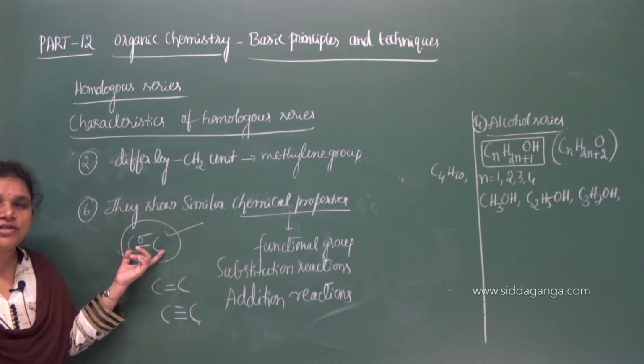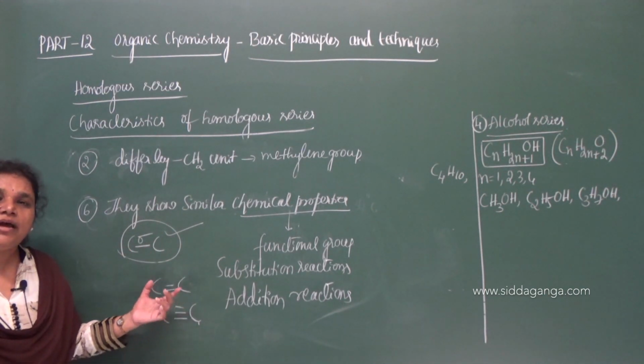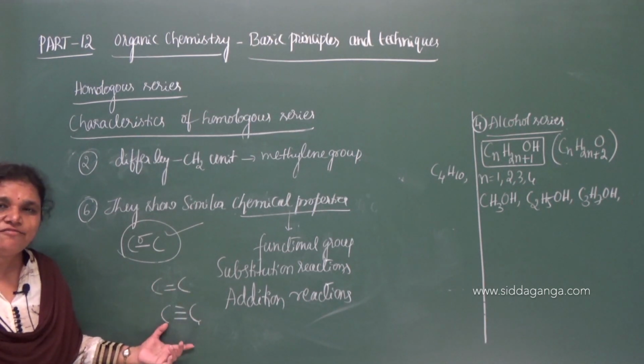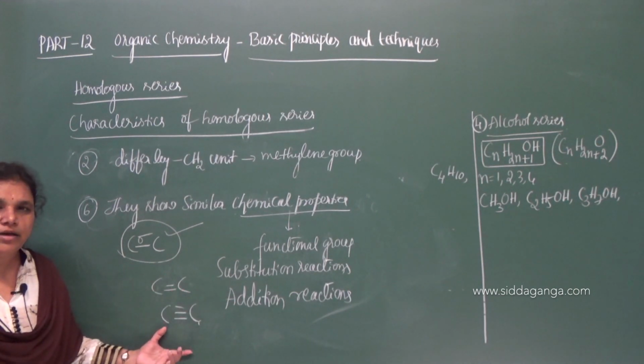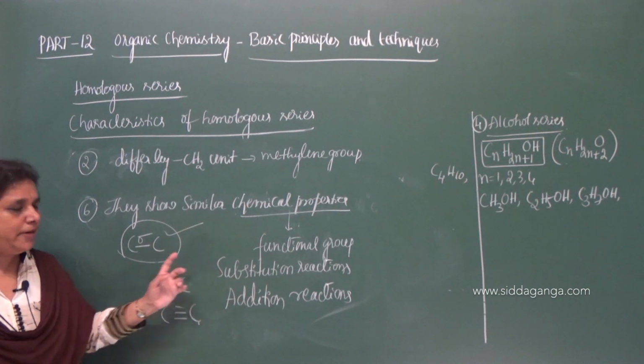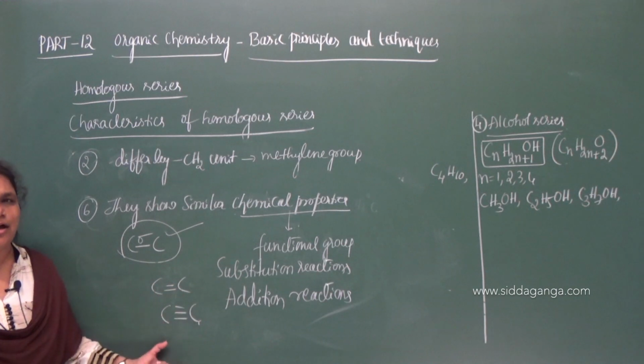So this is the functional group of alkanes. The presence of a double and triple bond, that itself is a functional group present in compounds like alkenes and alkynes. They show addition reactions. So the difference in the chemical properties is due to the difference in the nature of the bond between the carbon atoms.